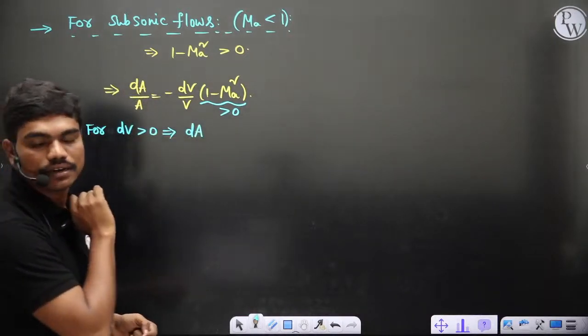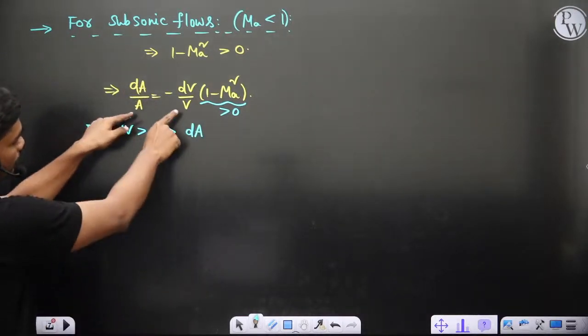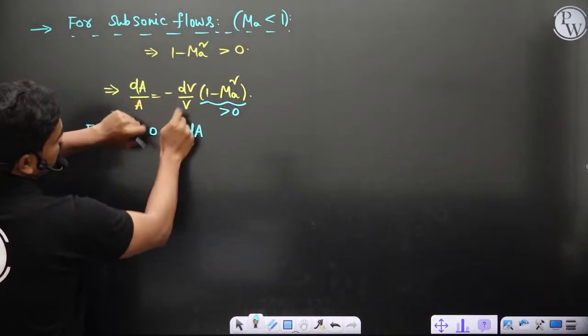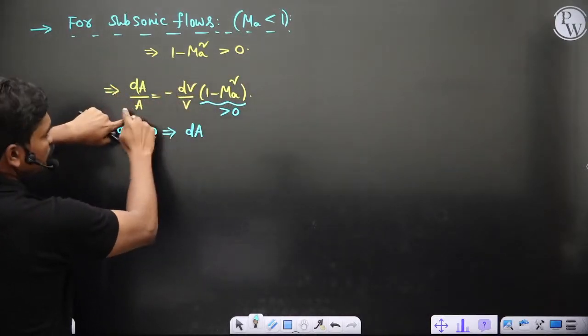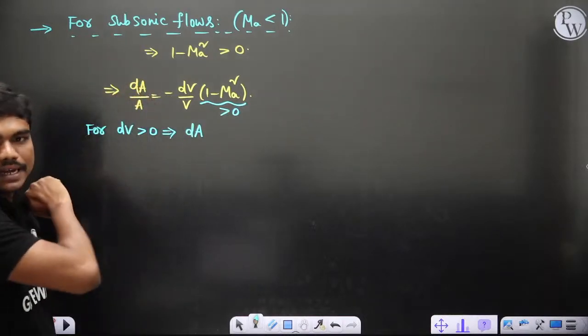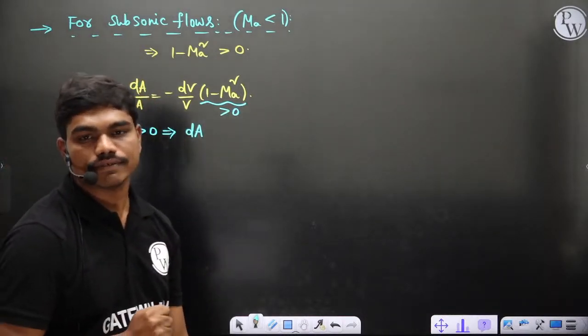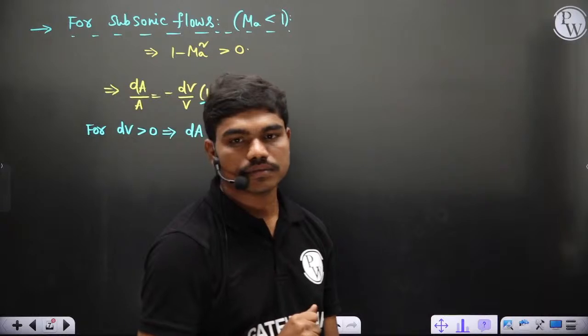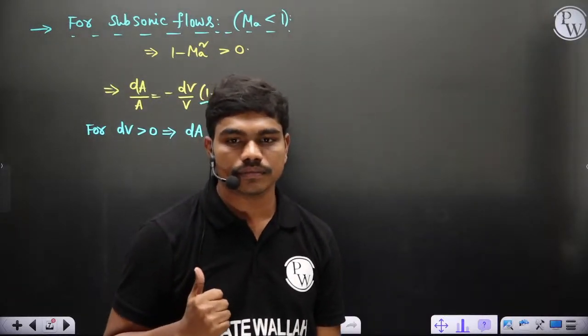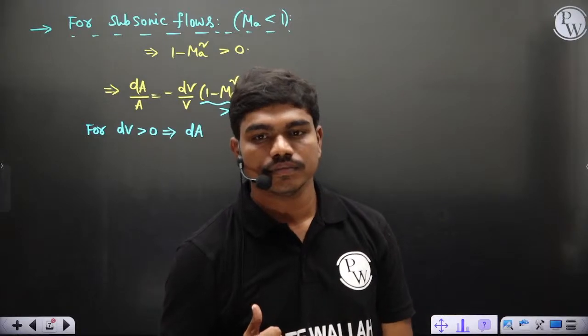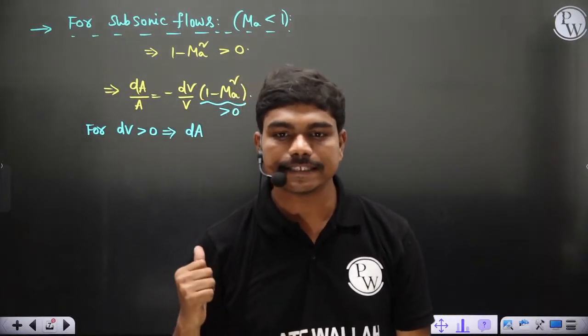Greater than or less than? From this simple math, this quantity is greater than 0, and if you want dV to be positive, area and velocity are always positive. So what should dA be, positive or negative?